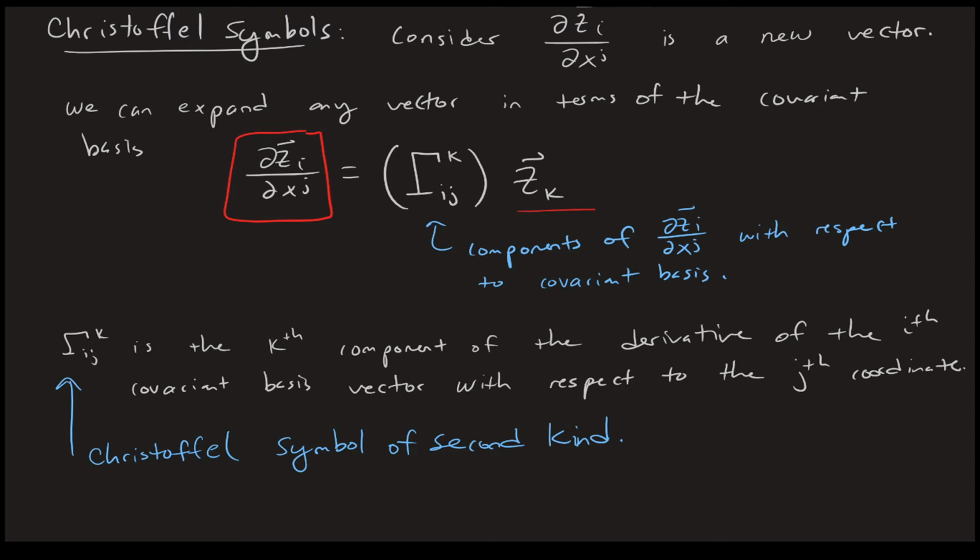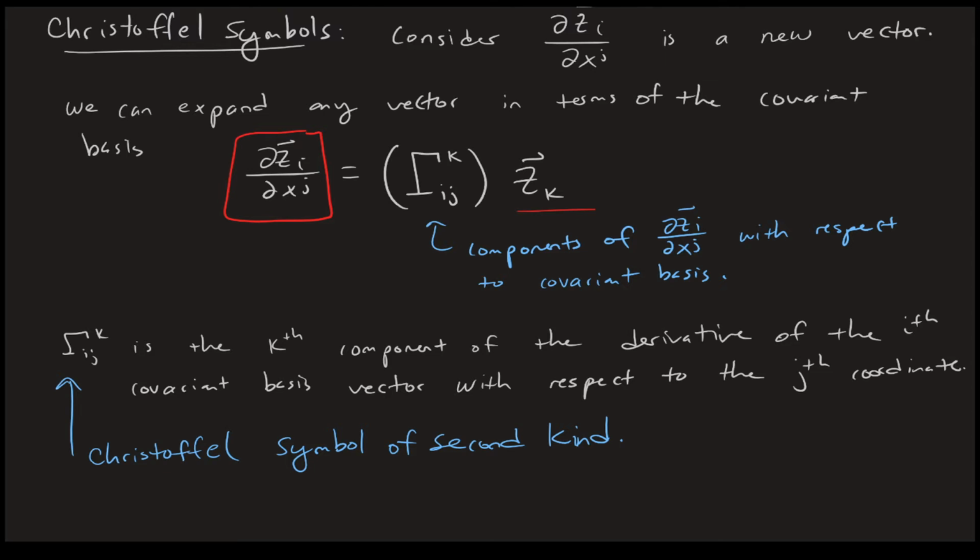Basically, i, j, k are all covariant. Well, this thing's not technically a tensor. It's a tensor if you have orthogonal coordinates, but if you have curvilinear coordinates, this thing is not a tensor in general. So we call this thing the Christoffel symbol of the second kind, and it's really just the components of this derivative vector with respect to the covariant basis.